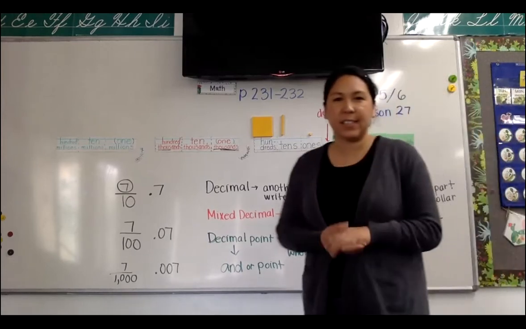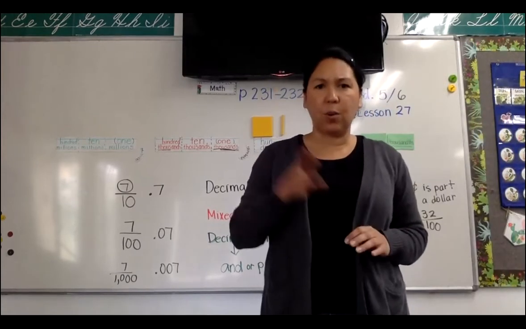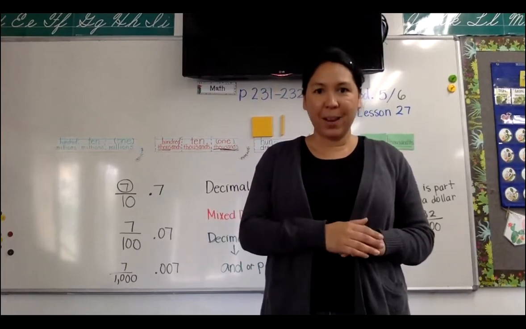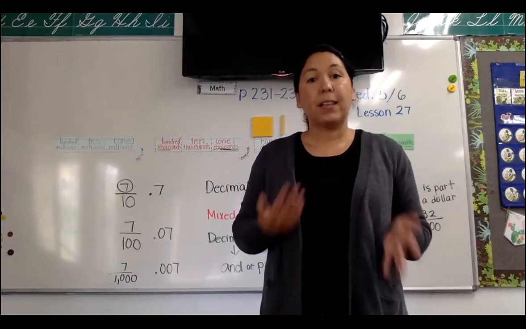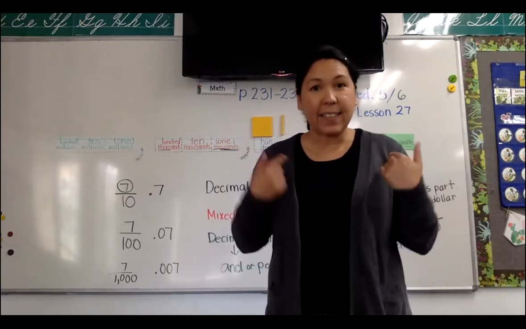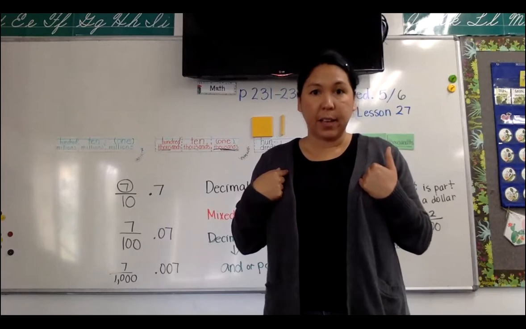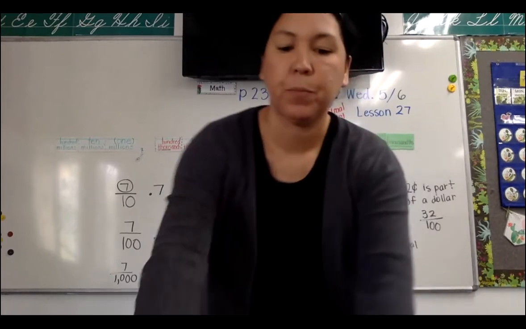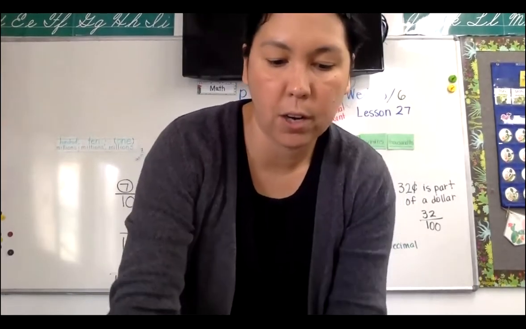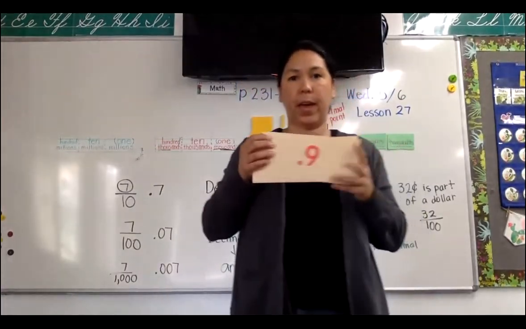Have you ever seen someone say 7.2 or 1.6, right? Whenever you hear the word point, that means decimal point. But a lot of times people will say and. That's what I'm going to teach you guys in 3rd grade math. We're always going to say and. We're not going to say point. So let me show you some cards, and we're going to practice reading them, okay?